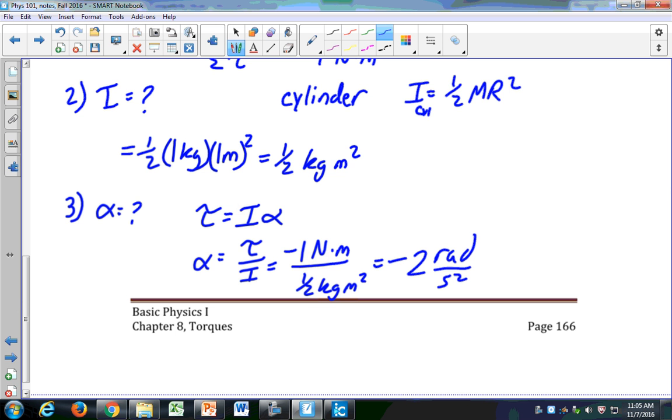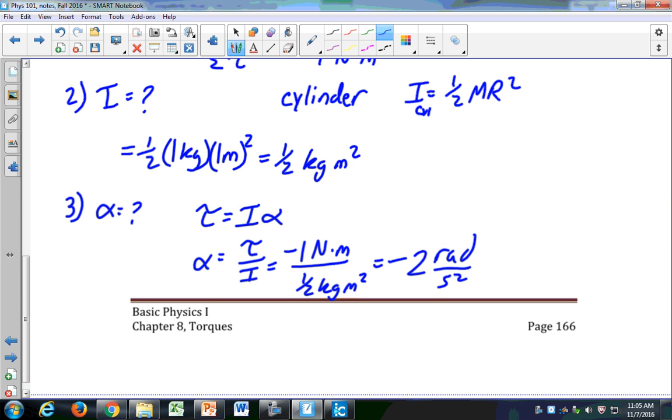Now, we have all SI units here, so my alpha is going to come out in radians, which is our SI unit. Whenever you're dealing with Newton's second law, your alpha has to be in radians. It can't be in revolutions. It can't be in degrees. It must be in radians.